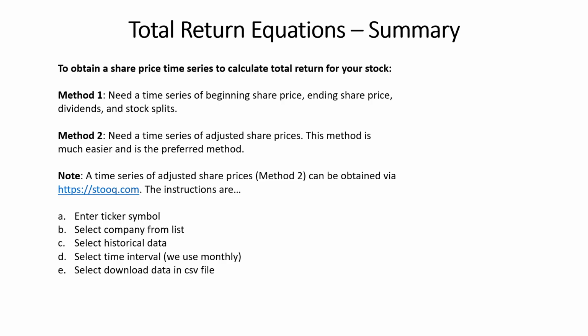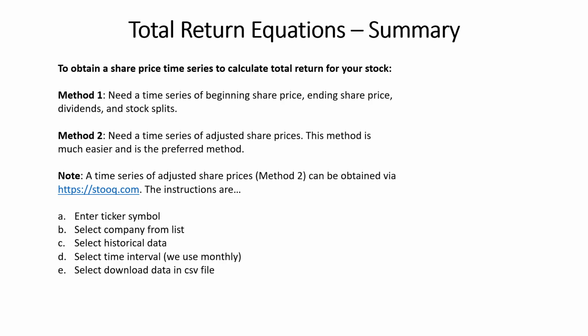But once we bring up that web page, we want to enter the ticker symbol. So if we wanted to use Amazon, it would be AMZN. If we wanted to use Intel, it would be INTC. Then we select the company from the list, because a lot of times those ticker symbols will be applicable to different companies and different exchanges.